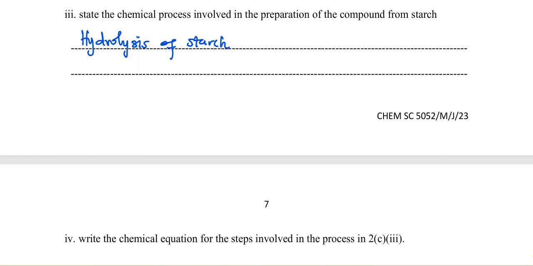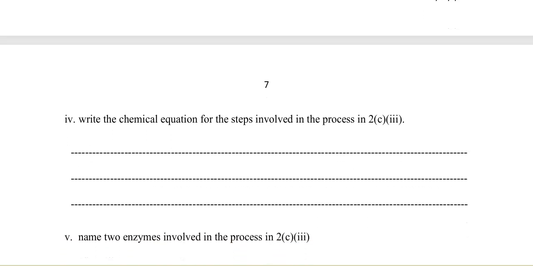The next question says, write the chemical equations for the steps involved in the process above. The process above is hydrolysis of starch, and the chemical equation for the reaction is, starting from starch, (C6H10O5)n, being hydrolyzed in the presence of water and dilute acids to give maltose.